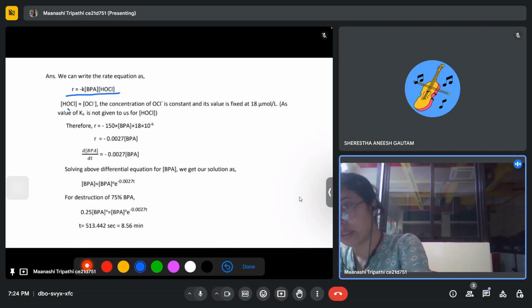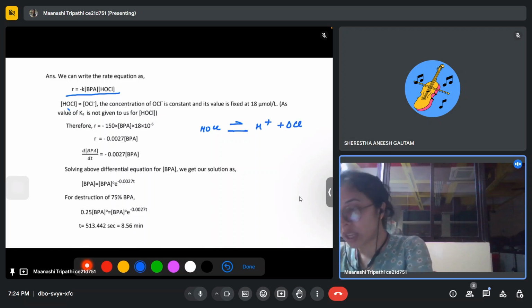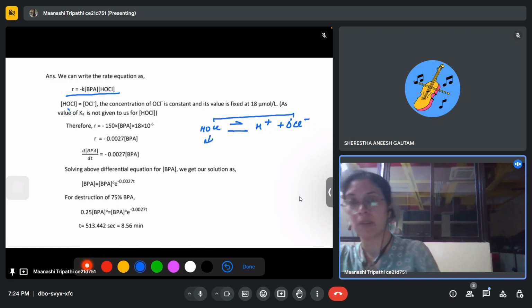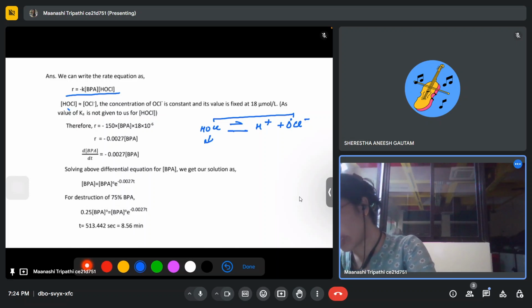This reaction, HOCl dissociated to H plus OCl negative. Because HOCl is consumed very less, the amount of HOCl can be approximated to OCl. So that is why we will use 18 only. So 150.